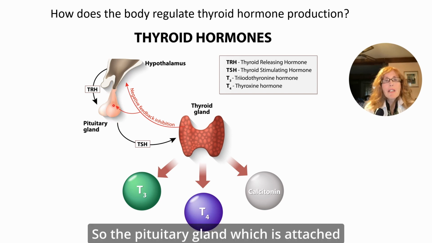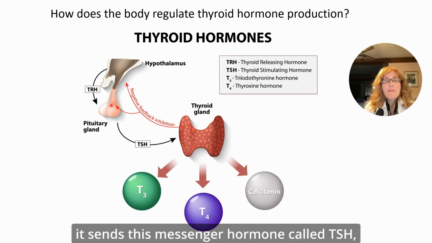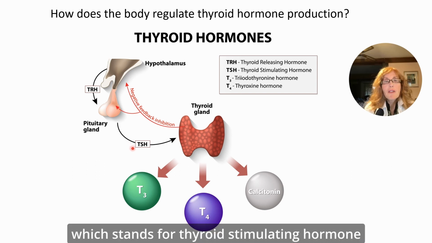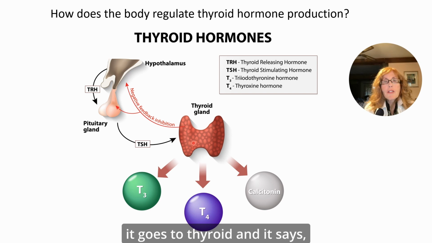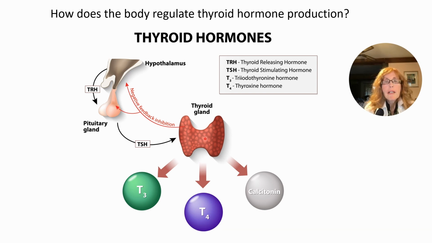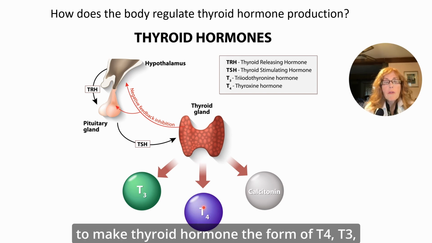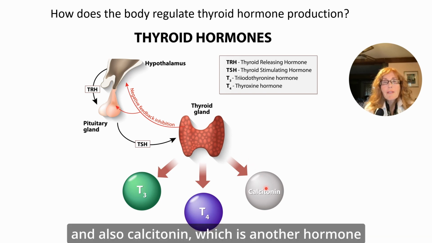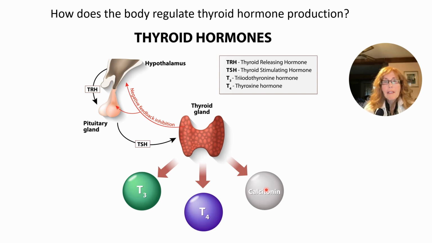So the pituitary gland, which is attached to the bottom of the brain, sends this messenger hormone called TSH, which stands for thyroid stimulating hormone, through the bloodstream, and it goes to the thyroid gland and says, come on, make more thyroid hormone. And that stimulates the thyroid gland to make thyroid hormone in the form of T4, T3, and also calcitonin, which is another hormone that controls our calcium.